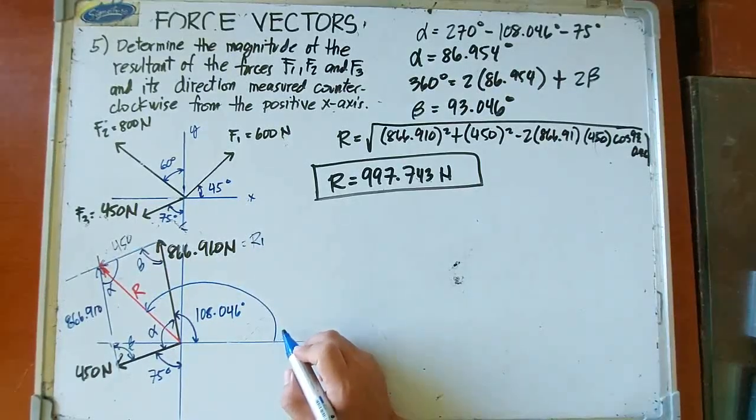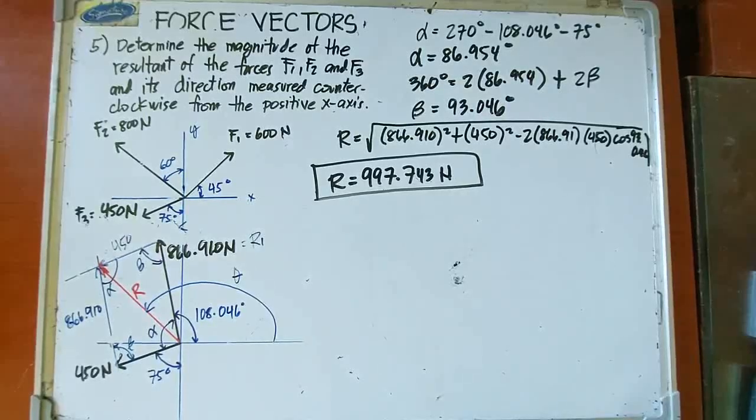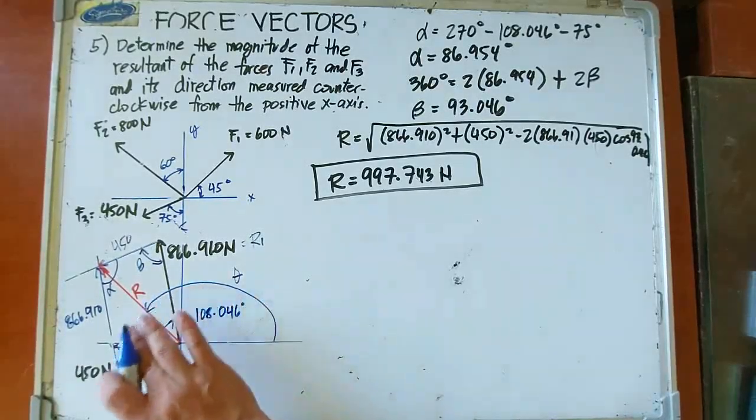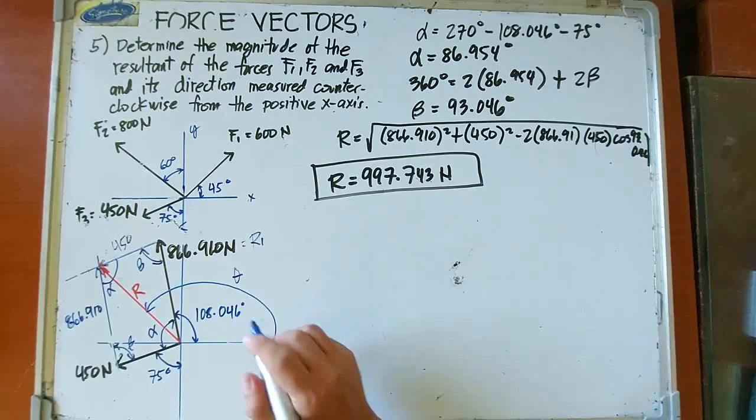Yan yung direction na resultant from the positive x axis. Let's say angle theta. Okay, so how do you solve for that particular direction or angle from the positive x axis? Ano natin solve yan? So let's try to examine the figure.